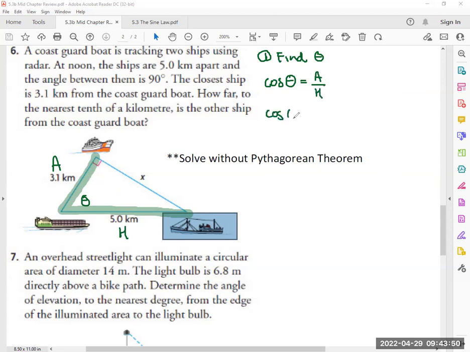So cosine of the angle is 3.1 to 5. Let's just get rid of the fraction. So cosine of the angle is equal to 0.62.